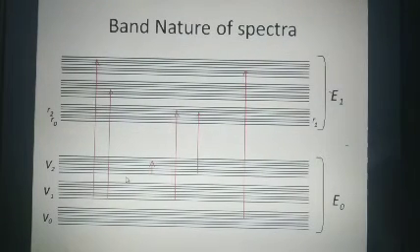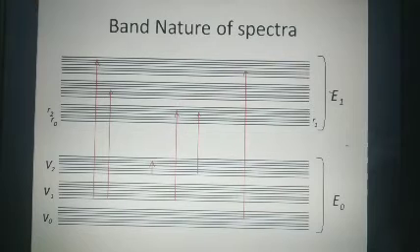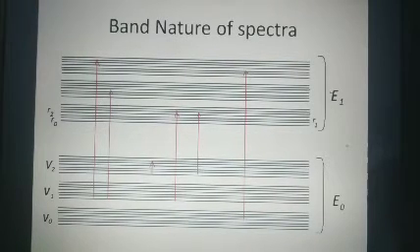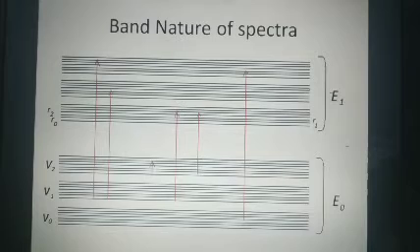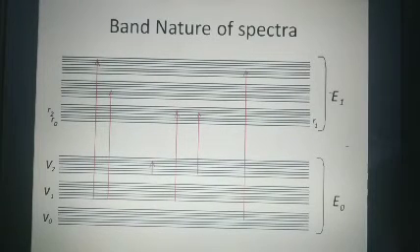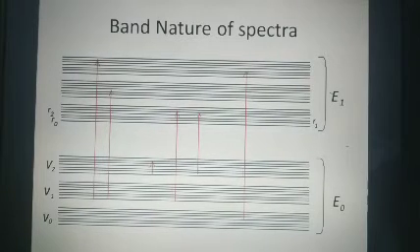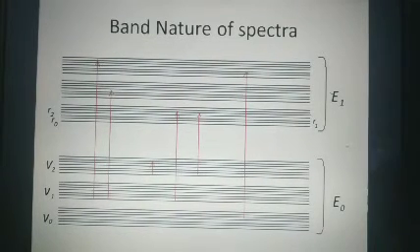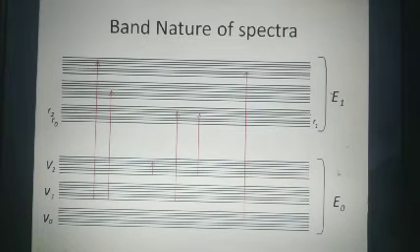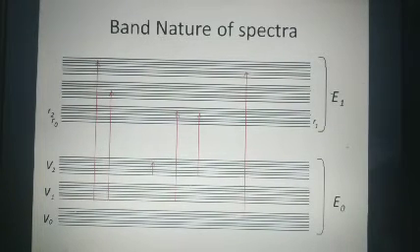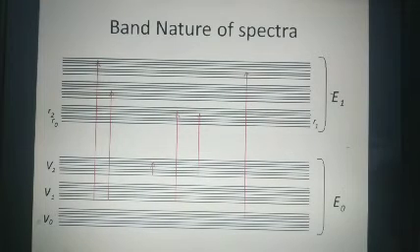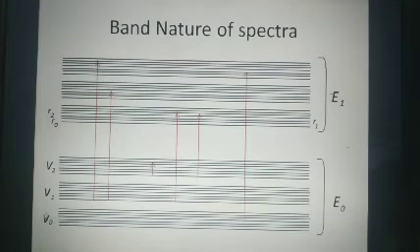Whenever we take the electronic spectra or UV visible spectra, generally we get a band nature of the spectra. The reason is that the transitions occurring here are in the electronic levels. A single electronic level comprises various vibration levels. See here, I have shown two levels. One is E0, the ground state level, another is E1. E0 comprises various vibration levels: one vibration level, another vibration level, another vibration level.